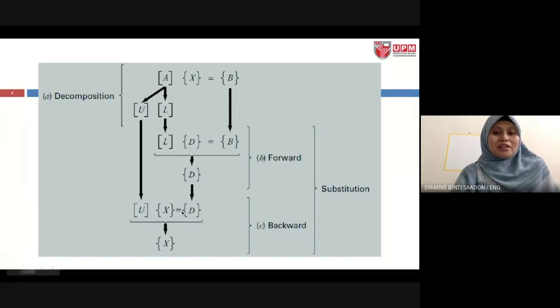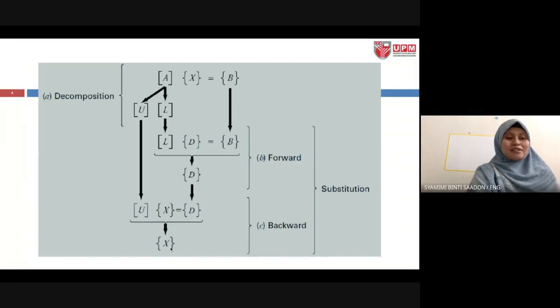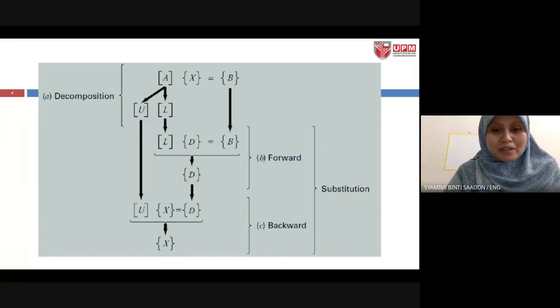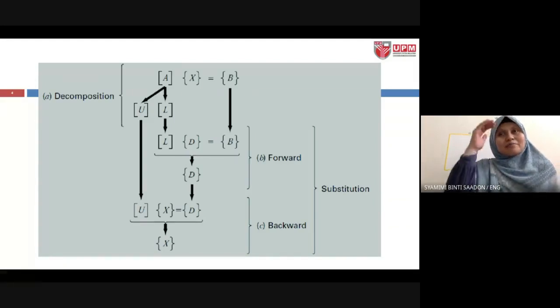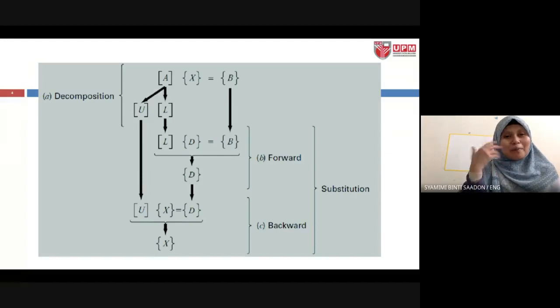So we will get the last answer, the X that we want to find, X1, X2, X3. So that is the steps. You have to remember a bit, it's like memorization. There are 3 steps: decompose, solve L for D or Z for lower, and solve X in the end for upper triangular matrix.